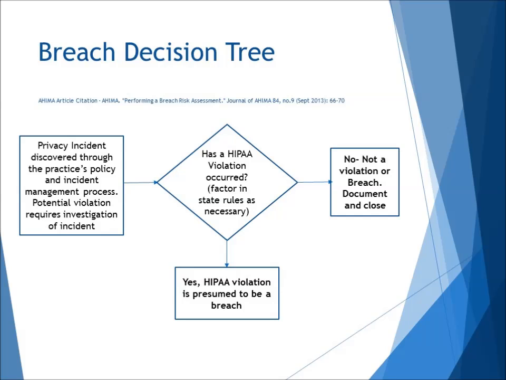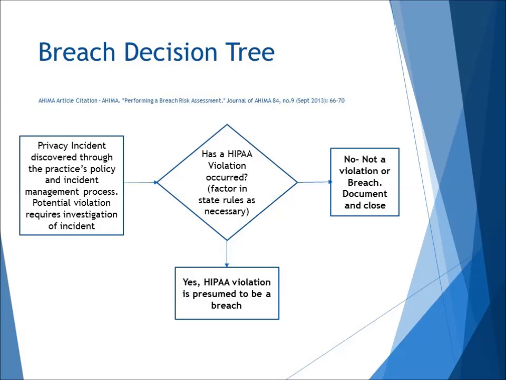But this decision tree is really a great tool to have within your policies and procedures. This would afford that person who is responsible for incident management, HIPAA compliance, those types of things, to have this as a resource and a tool available to move through the process and making sure that all steps are done.